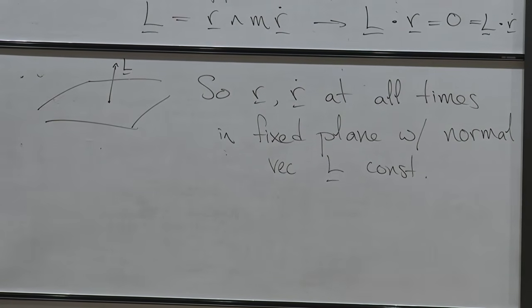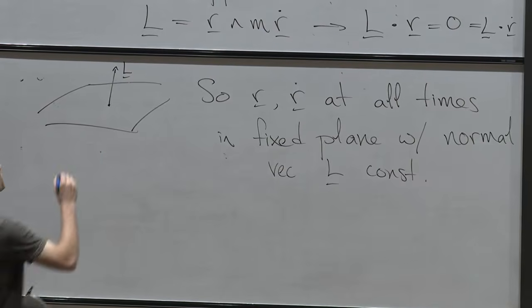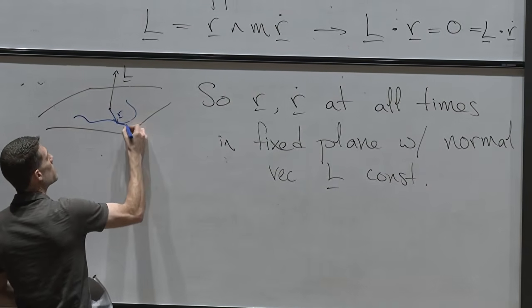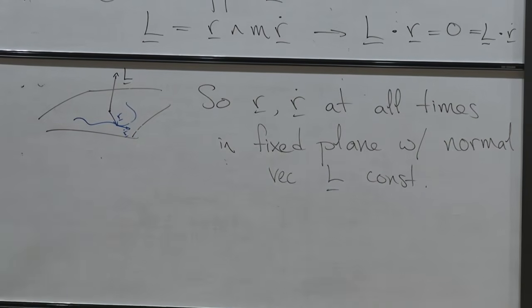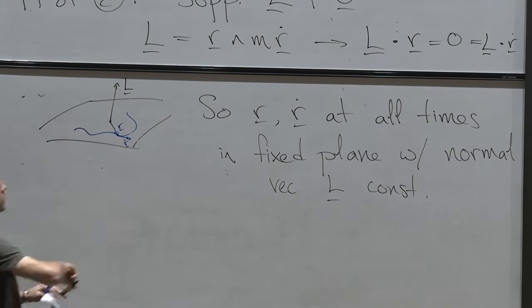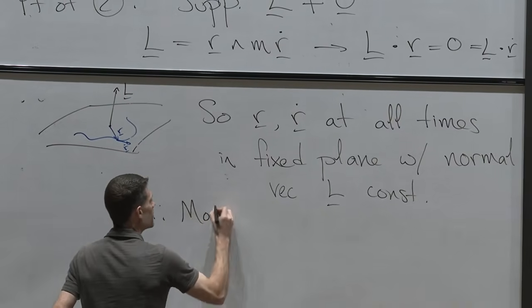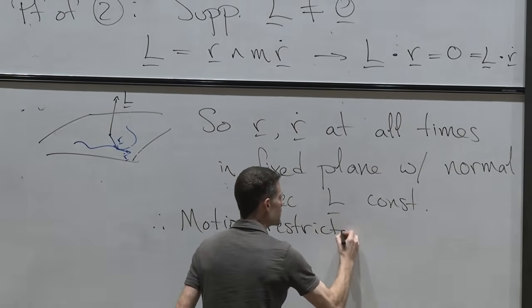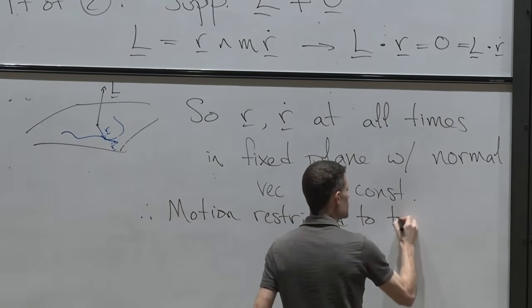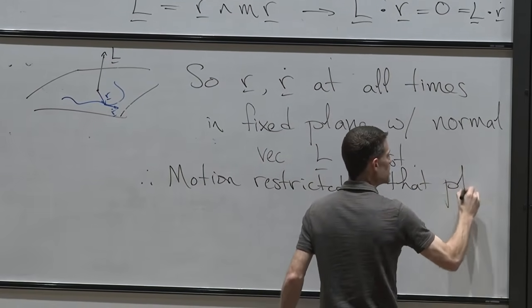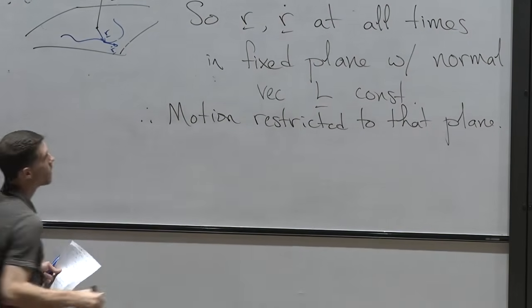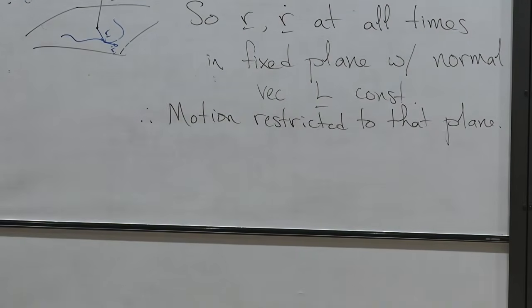So that means its motion is in that plane. So that's assuming that L was not itself the zero vector.